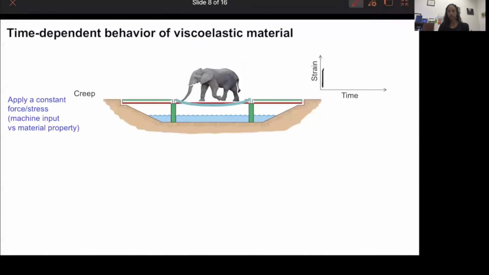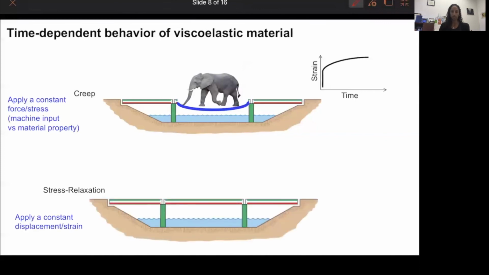There will be an initial deformation from the weight of the elephant, and as the elephant hangs out in the middle of the bridge, it will continue to deform over time. And it could possibly deform so much that it eventually will break.